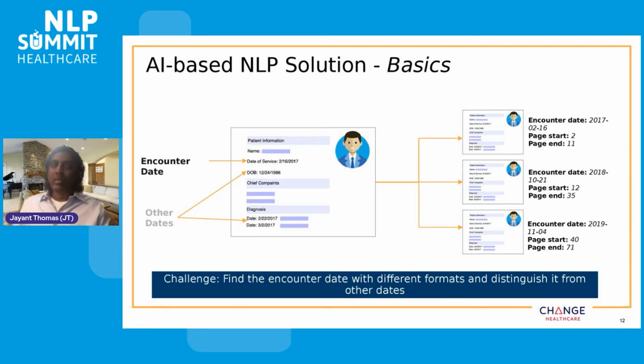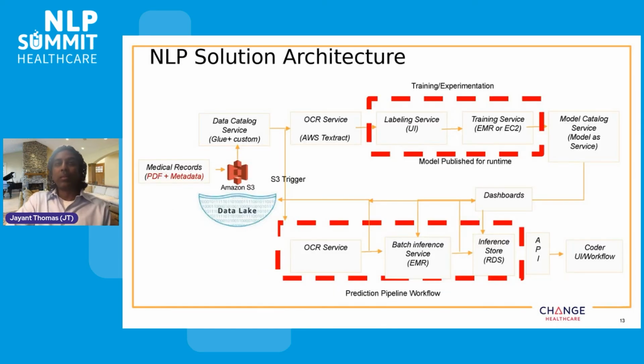The idea is to split into different encounters, then extract the ICD code out of it. Today this process is done manually. It costs us a couple of dollars to do this activity, although it's outsourced outside the US. So it costs us around $5 to $10 for this activity.